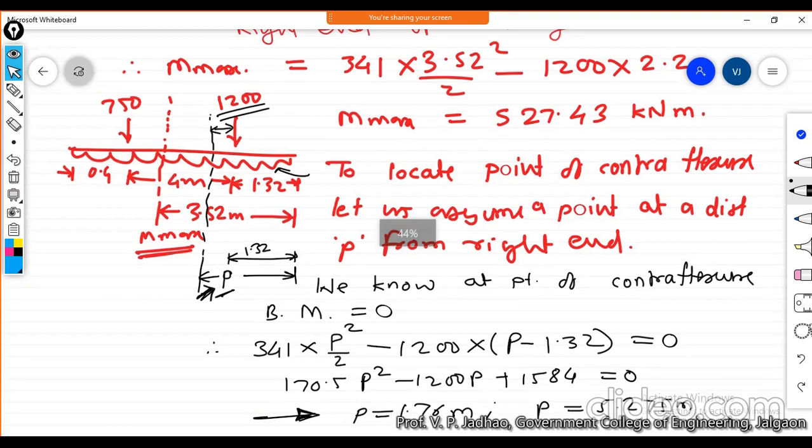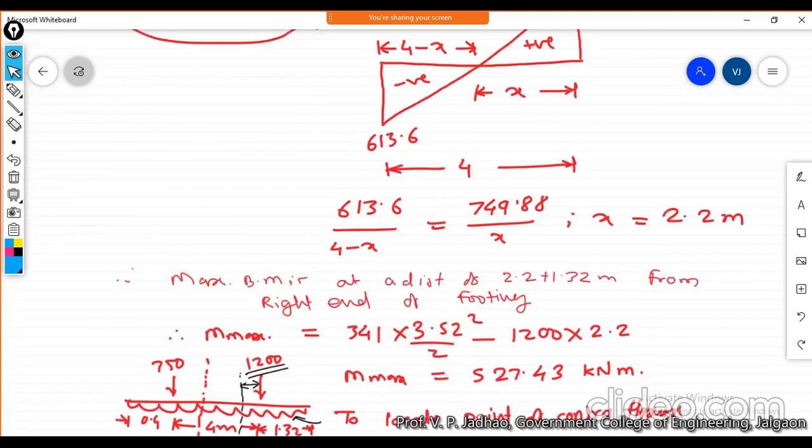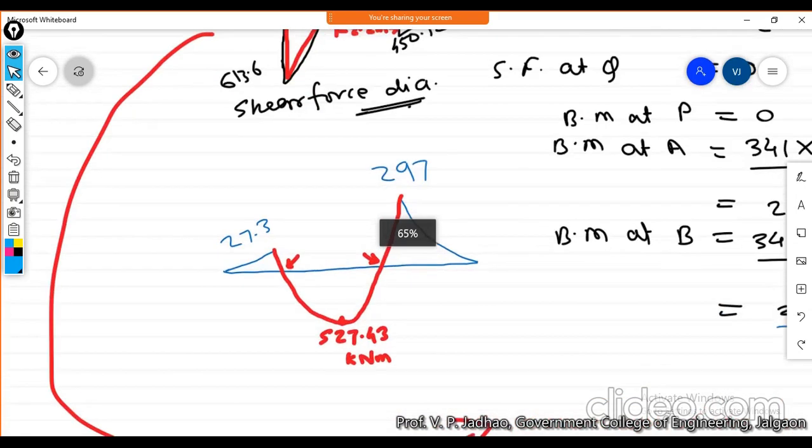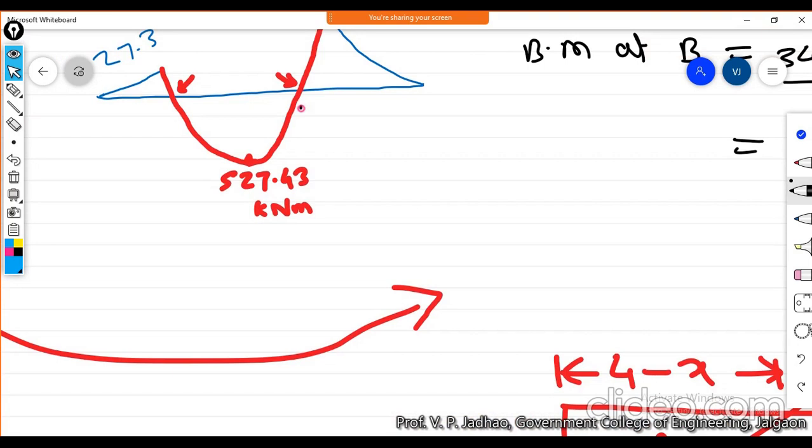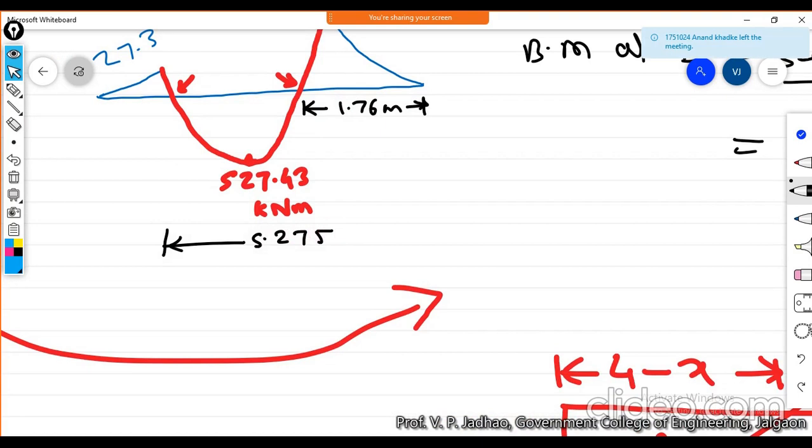So the first point of contraflexure is at a distance of 1.76 meter, and the second point of contraflexure is at a distance of 5.275 meter from the right end.